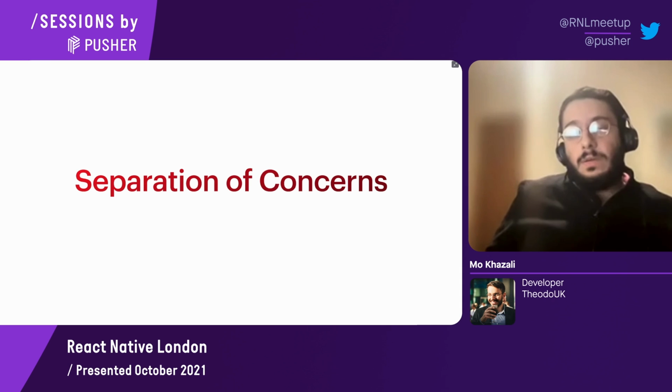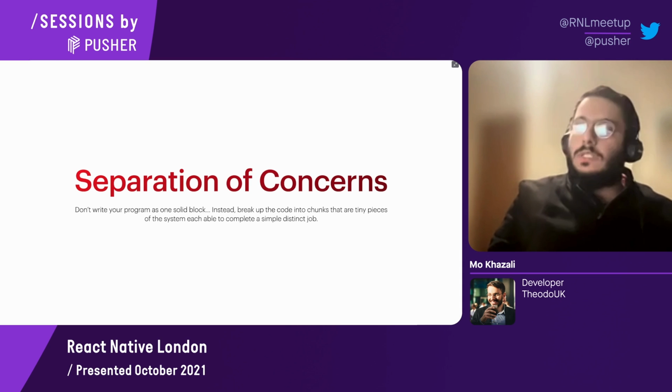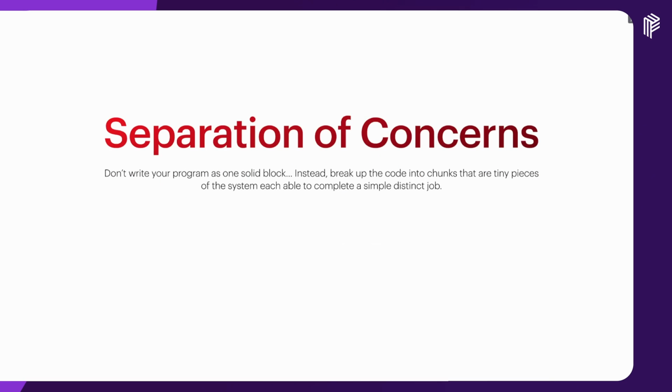When I was working on this presentation, I looked around a lot for various definitions, and you get them in many forms, but the simplest, most generic one that I came across was this one. Don't write your program as one solid block. Instead, break up the code into chunks that are tiny pieces of the system, each able to complete a simple, distinct job. And this is seen all around in programming and development.